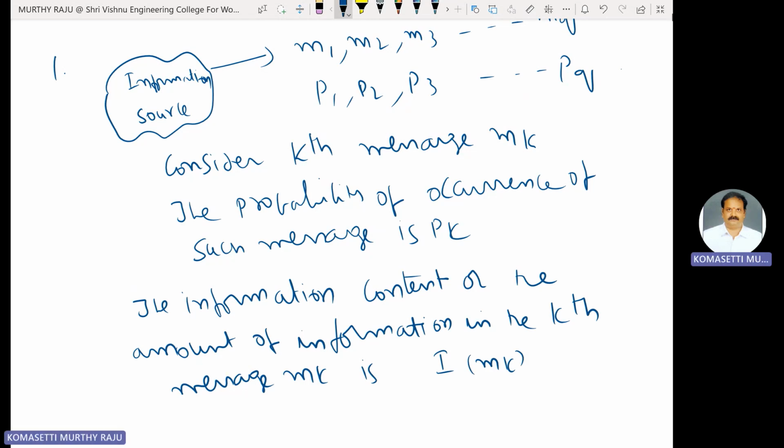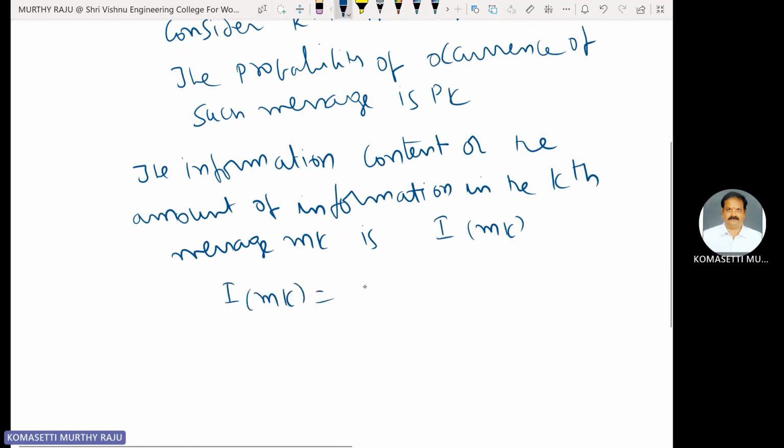The formula is I of MK is equal to log 1 by PK base 2, measured in bits.